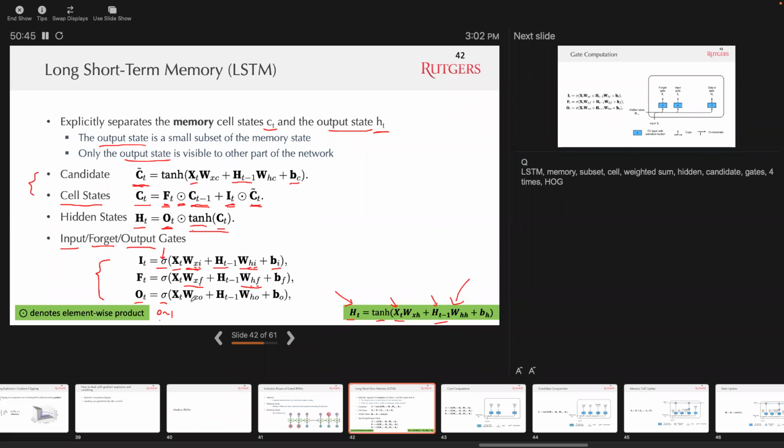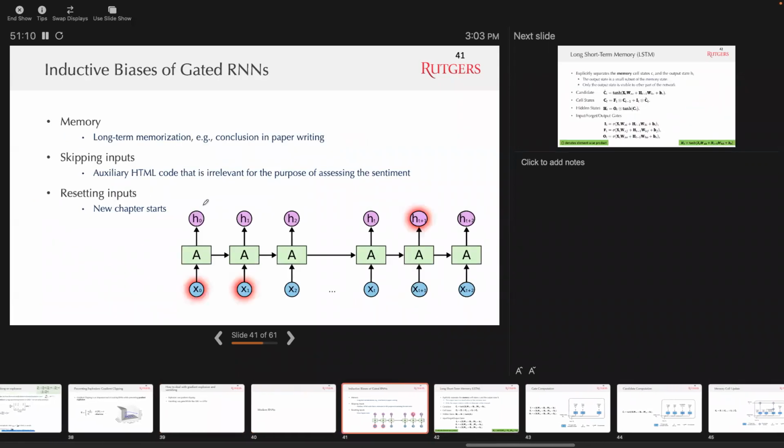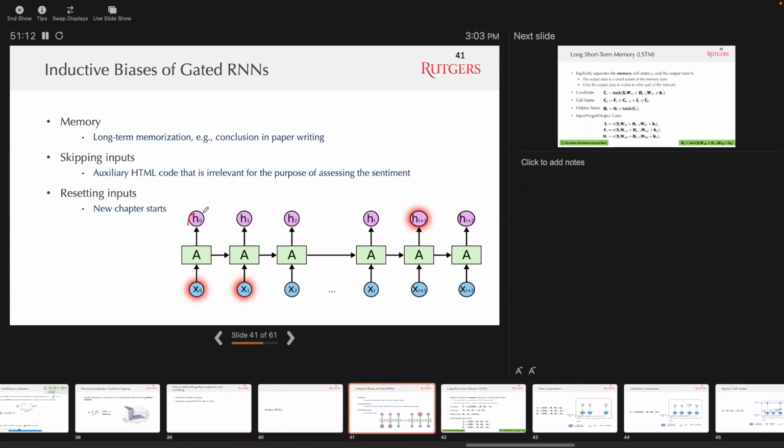The cell state is visible as well? Cell state is actually not visible to the other part of the network. What we mean is what you use to predict Y. When you're predicting Y, you're going to use H to predict Y. So in here, this is going to be H, and you're going to use the H to predict Y1, right?